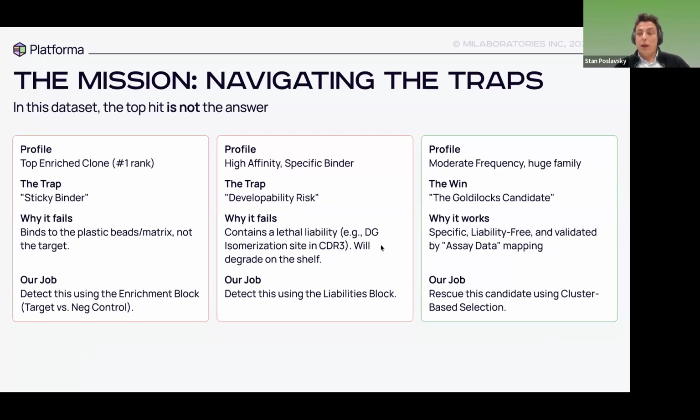And the real gold, the real hidden gems, may not be that fast growing, or look that nice, but at the end of the day they turn out to be specific, liability free, and validated by wet lab assay data. So with this, let's start.